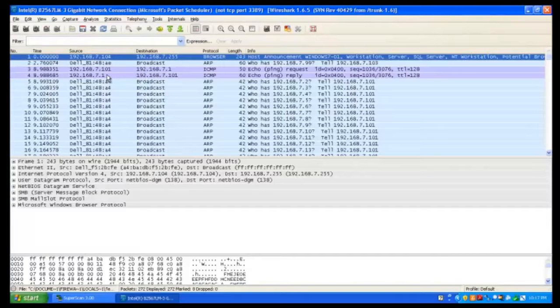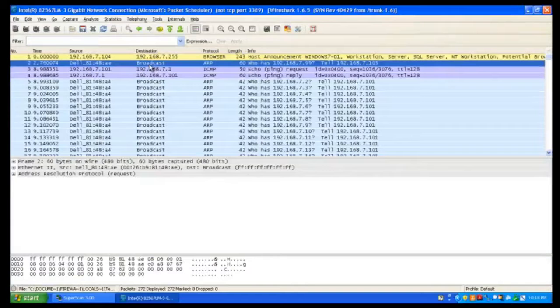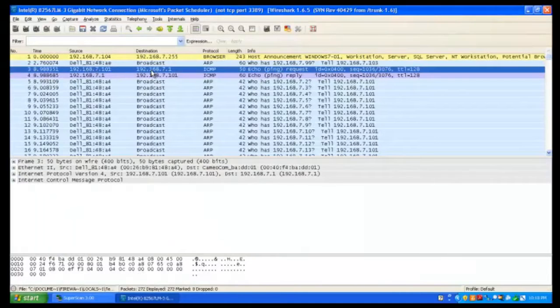Let's start with packet number 2. Number 1 is a Microsoft networking packet. You'll see a lot of these, and for our purposes, we're not interested in these at all. And that particular one right there, 99, is the printer, so it's talking to one of the other computers here.